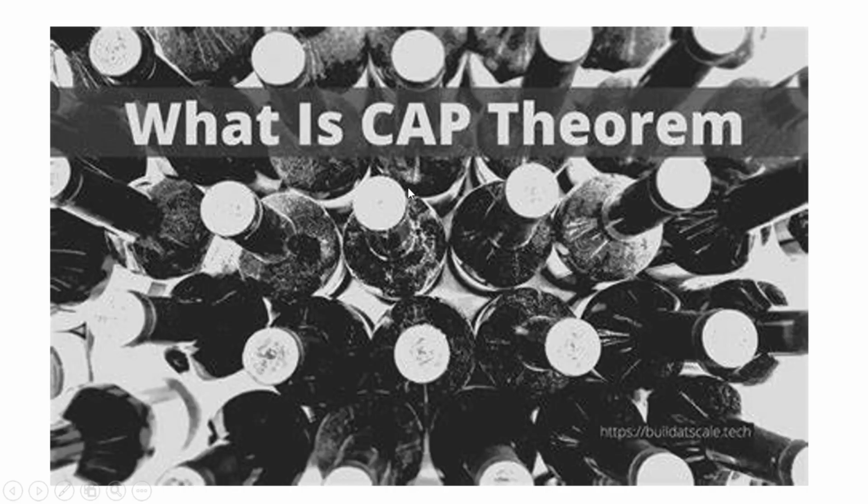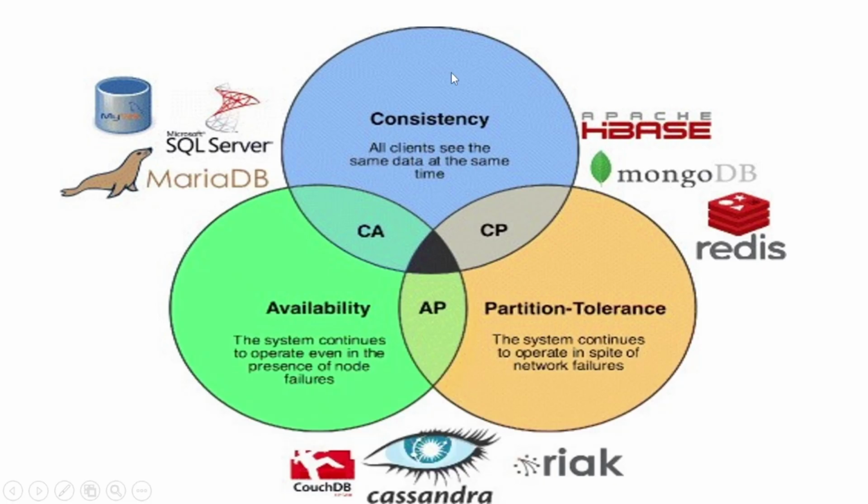Let's just explain the CAP theorem. CAP theorem talks about consistency, availability, and partition tolerance. Consistency means all clients see the same data at the same time. Availability means the system continues to operate even in the presence of a node failure. Partition tolerance means the system continues to operate in spite of network failures.